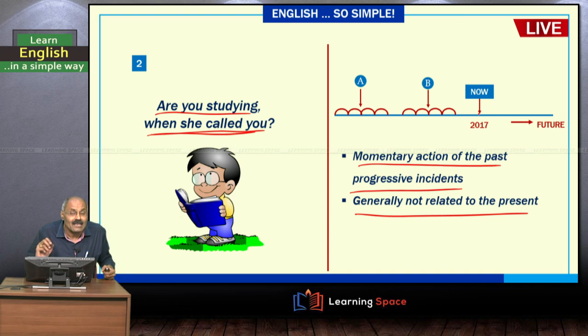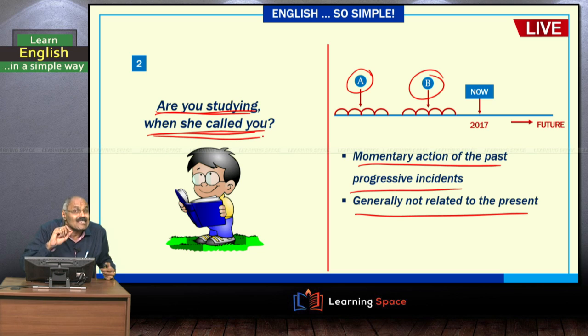When she called you, she gave a ring probably yesterday. So, "were you studying" is the right thing. They have to take the past form: were you studying when she called you.